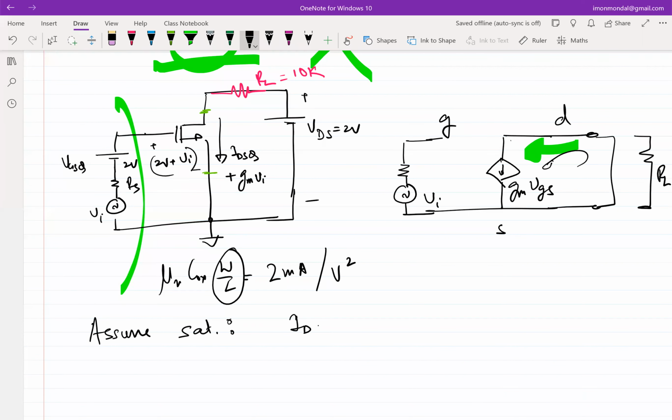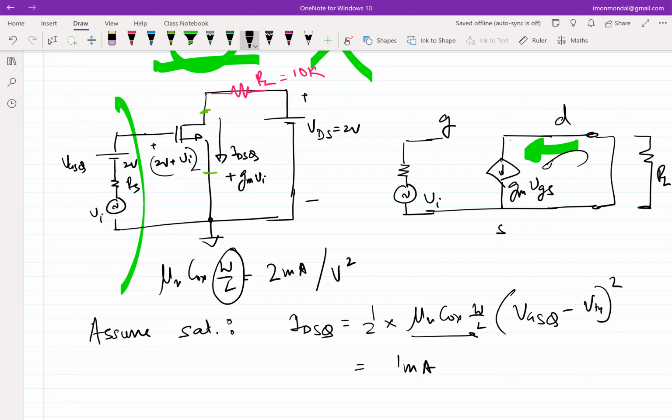Your IDSQ will be half of mu n Cox W by L times (VGSQ minus threshold voltage) whole square. So this is 2 milliamps, which means this is 1 milli, times 2 minus 1 is 1, which means you have 1 milliamp flowing through the transistor. This is assuming the saturation region of operation.